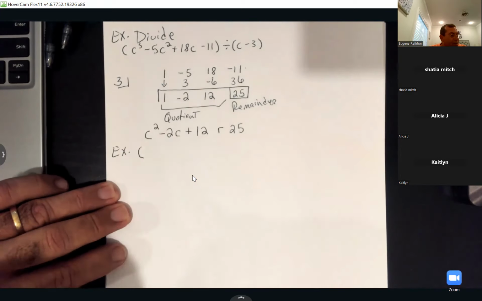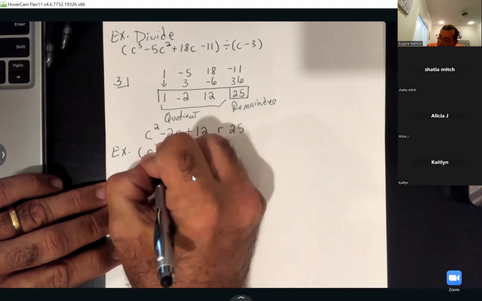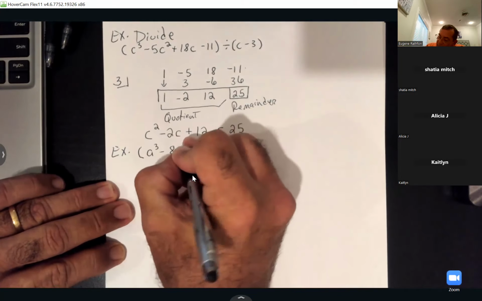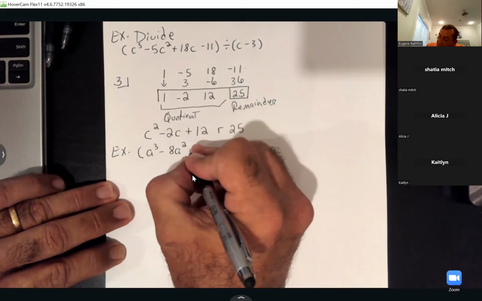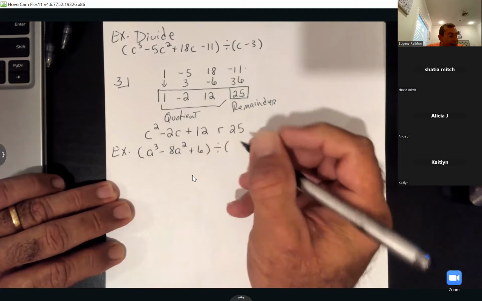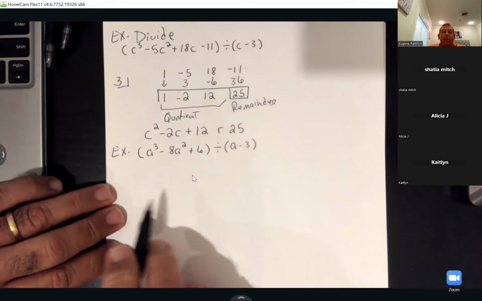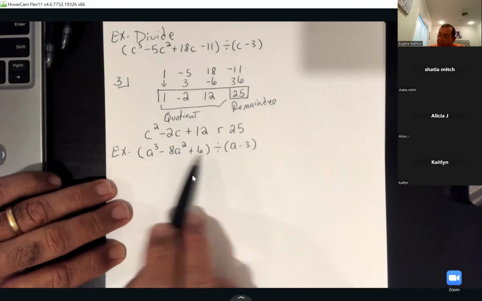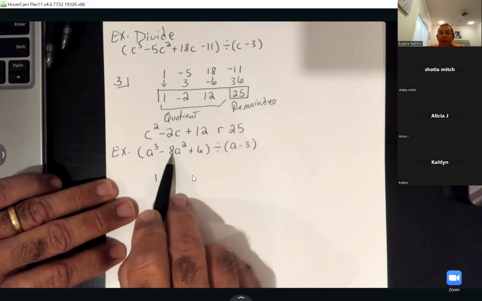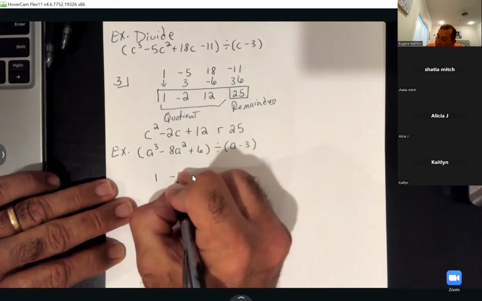Now, y'all, this next one, let's see what we got. A to the third minus 8a squared plus 6. We're going to divide that by a minus 3. So first I'm going to write out my coefficients. I got 1a to the third, so that gives me a 1, minus 8a squared, so that gives me a negative 8.